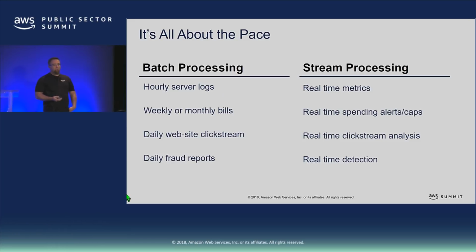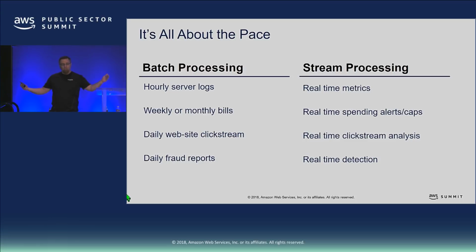So when we talk about real-time streaming, we're really talking about the pace of the data. And what I mean by that is, traditionally, when you're doing batch processing, you're periodically pulling some data. Maybe you're waking a service up every hour to grab some logs, push it into some service, and then run some analysis on it. From there, typically those are very large files that you're pulling because there is such a long period of time on returning that data.